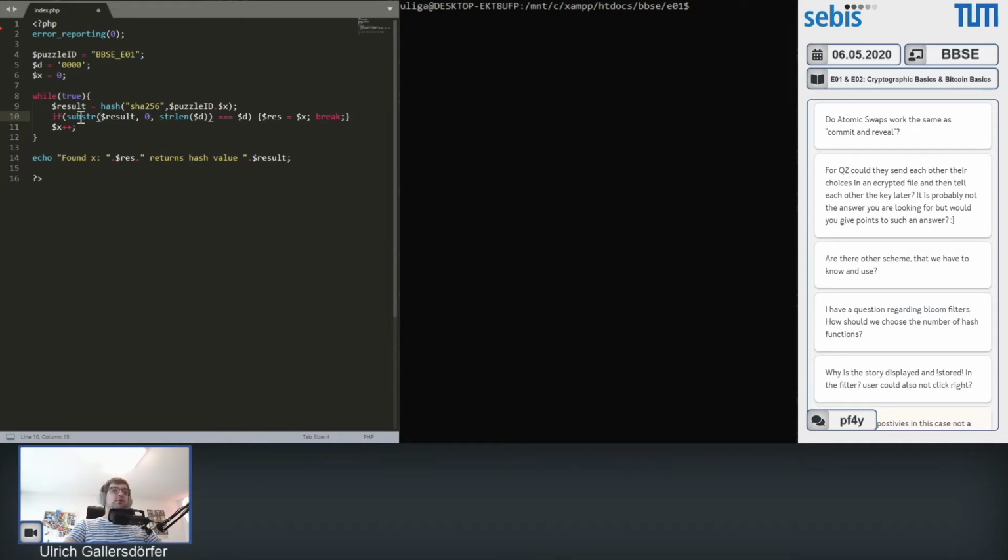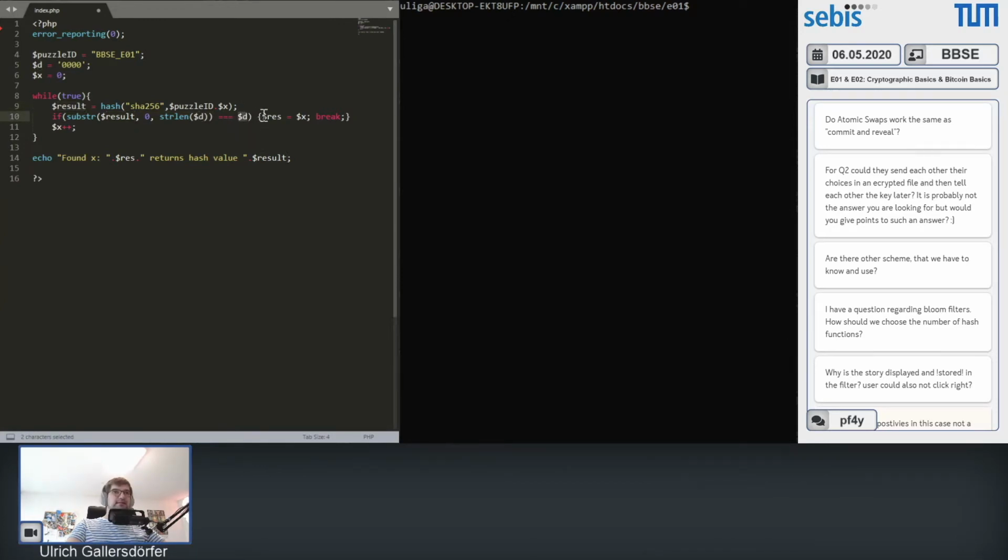I just want to look if the first 4 characters start with a 0, because that's what we need here. We generate a substring out of this result, starting from character 0, for the length of our difficulty. This string length basically returns 4. So if I would write 4 here, it's the same result. And I check if the first 4 characters of our result are equal to D.